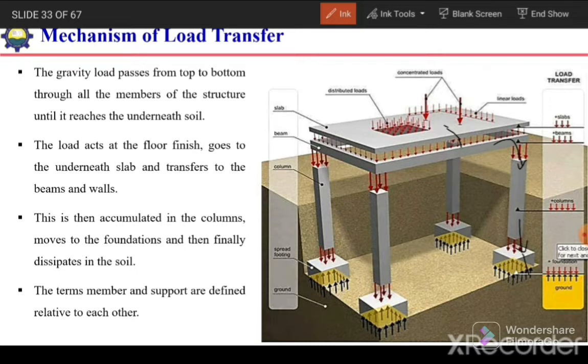So this is the transfer mechanism. The term support is actually a relative term. For example, for a beam, the columns are the supports, and similarly the beam acts as a support for the slab.